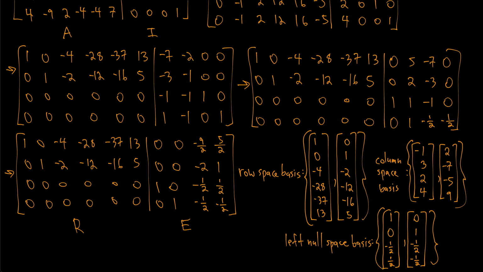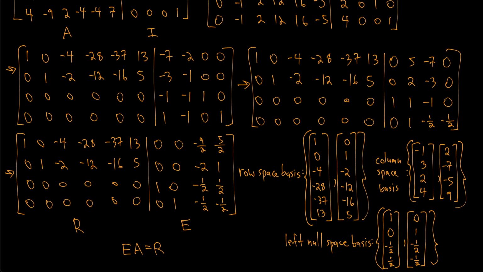If you're a little confused as to why that constitutes the basis for the null space of A transpose, I don't blame you, but notice what we've basically done is we've taken A and found essentially over here an inverse for A. It won't always be an inverse for A because A doesn't necessarily have to be invertible, but we modified this so that if we were to take E times A, it should equal R, right?